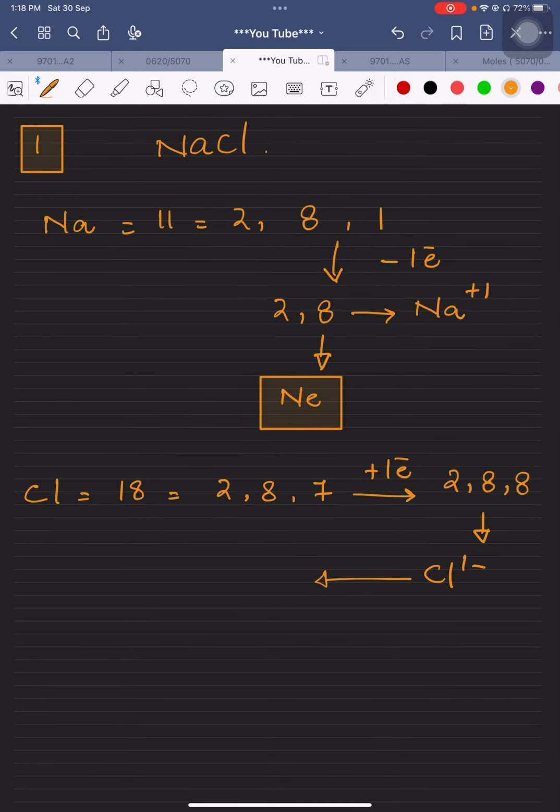So this is called the chloride ion, and this is called the sodium ion.